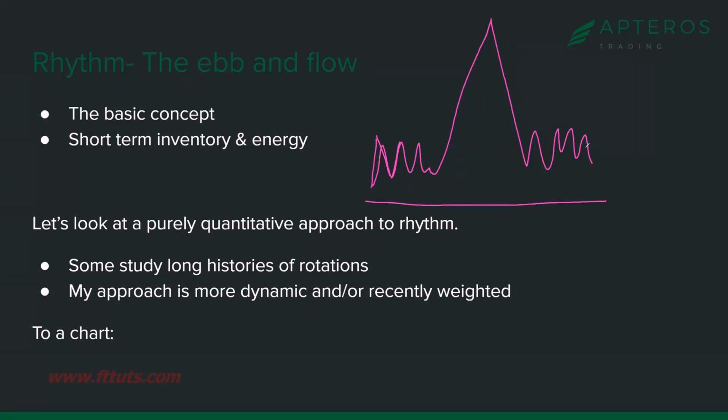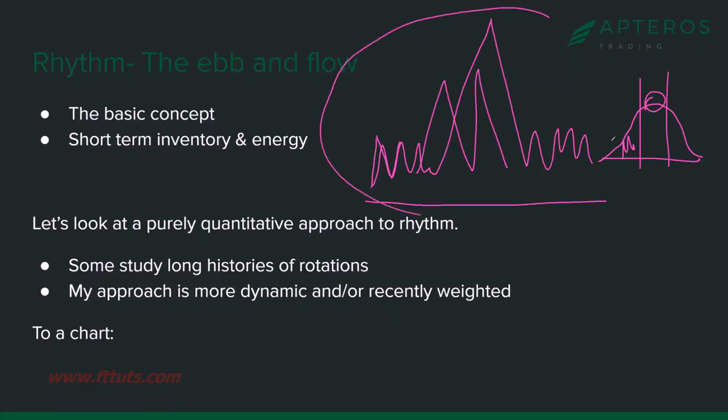If I study all that, yes, maybe there's more frequency of these smaller ones occurring, and the data will give me that. But there's a bunch of medium ones in there as well, and there's all kinds. So looking at just a basic distribution over 2 years of the most frequently occurring rotation size, that's a lot of data which happened over a long period of time and a lot of different volatility conditions.